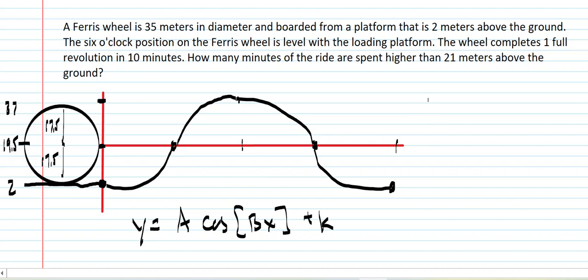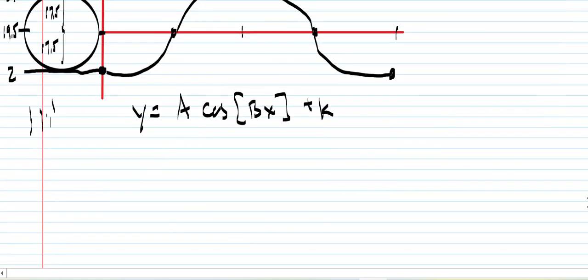Well, in this case, the amplitude is 17.5. So this is going to end up being y is equal to negative 17.5 times the cosine. And we need to figure out what b is.